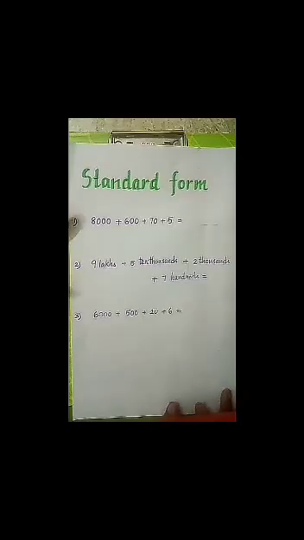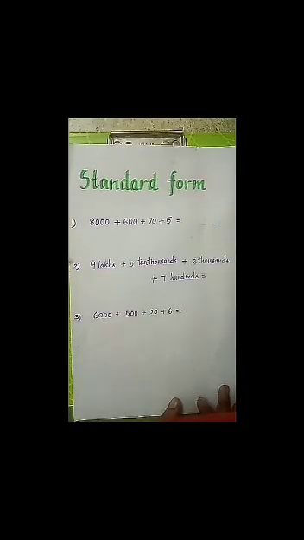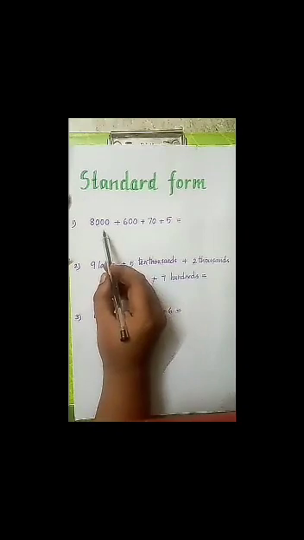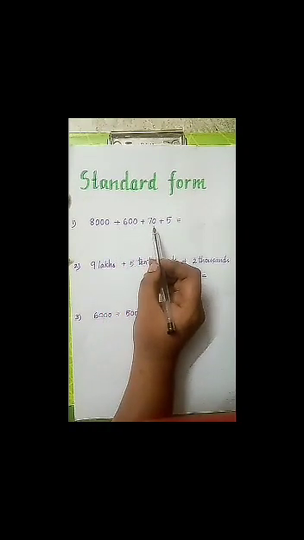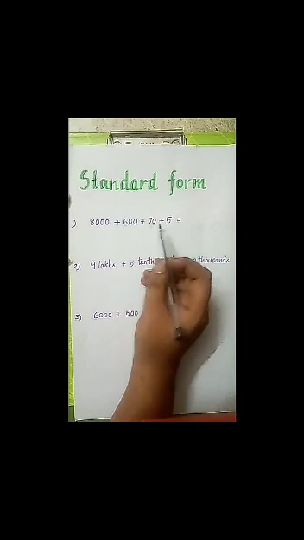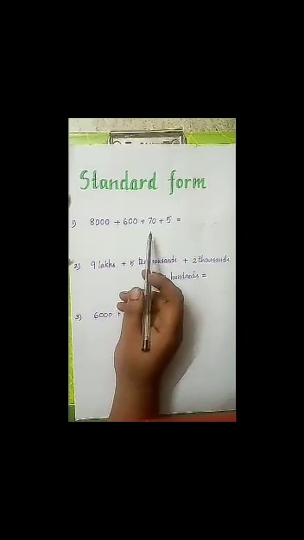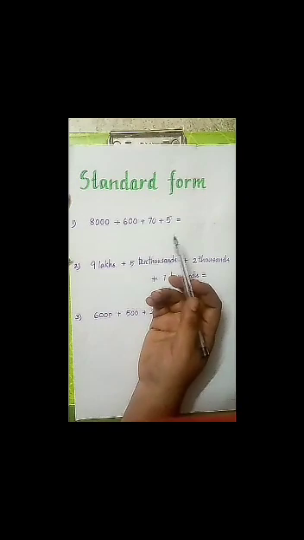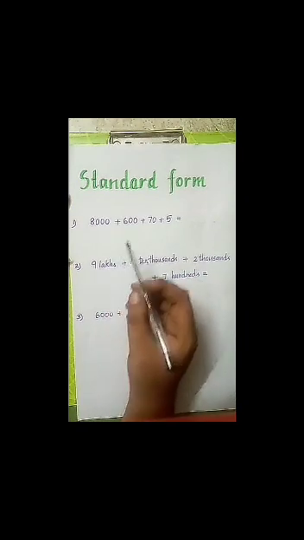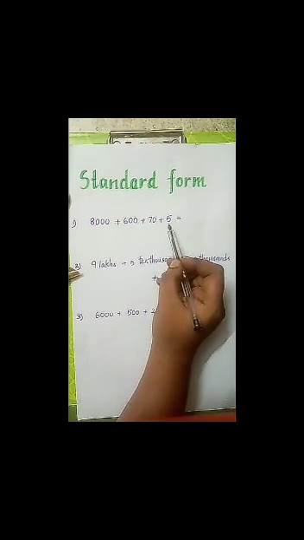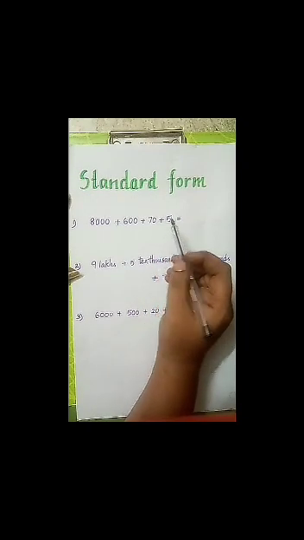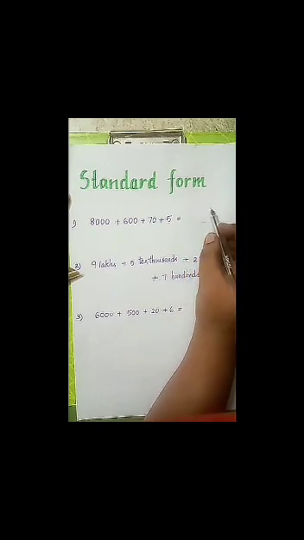Next, standard form. Here, first question is 8,000 plus 600 plus 70 plus 5. Convert this expanded form to the standard form. Now, we will start from the ones place. Here, 5 is at the ones place. So, first we will write here 5.